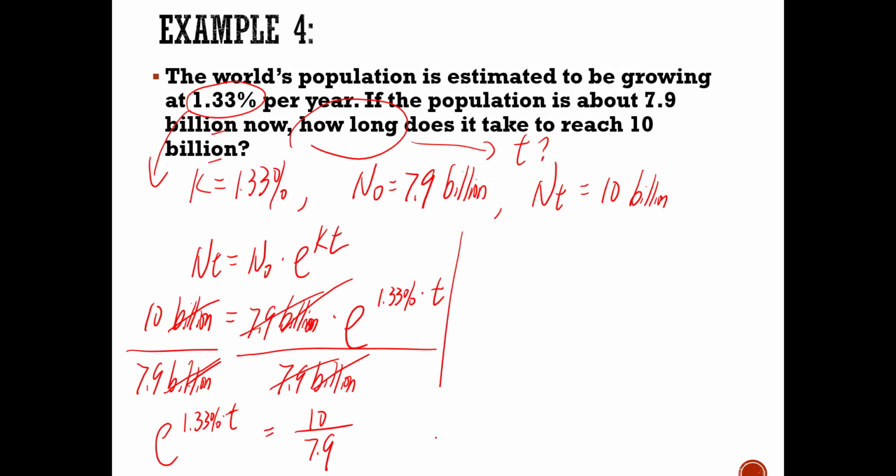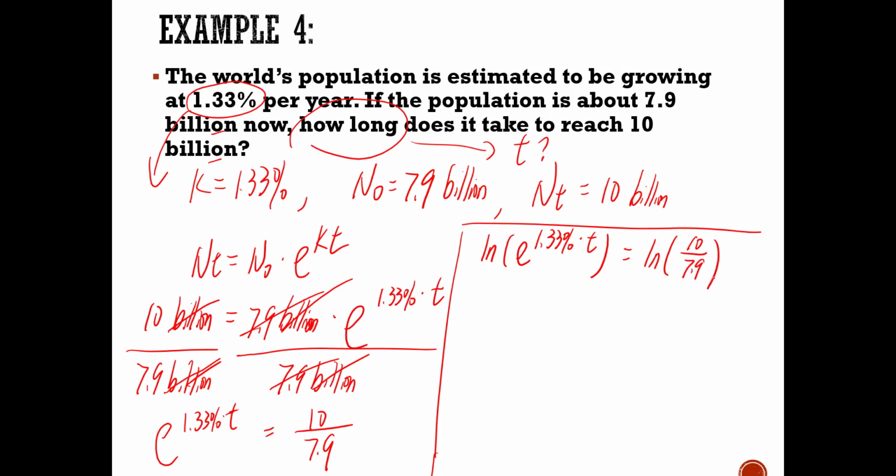So very similar procedure from the previous one. We're taking the ln from both sides of the equation. Based on the inverse property, logarithm base e and exponential base e offset each other. So this whole thing gets cancelled.